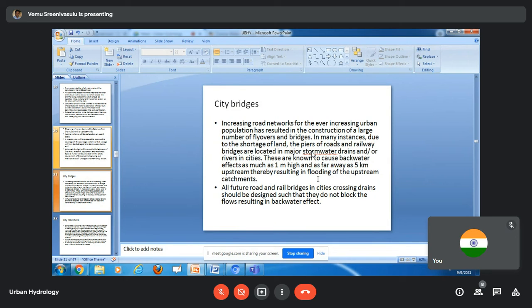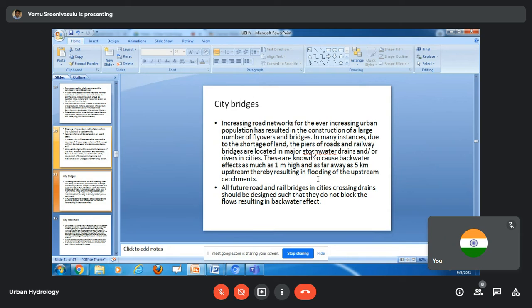City bridges: increasing road networks for the ever-increasing urban population has resulted in the construction of a large number of flyovers and bridges. In many instances, due to the shortage of land, the pair of roads and railway bridges are located on major stormwater drains and rivers in the city. These are known to cause backwater effects as much as 1 meter high and as far away as 5 kilometers upstream, thereby resulting in flooding of the upstream catchment.